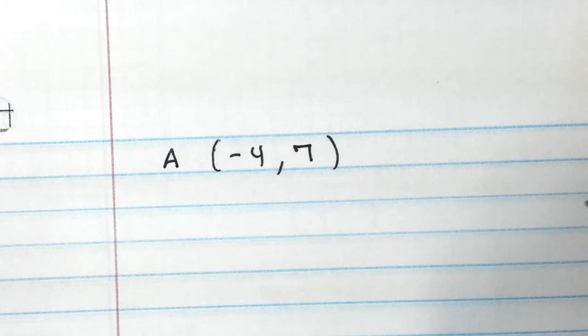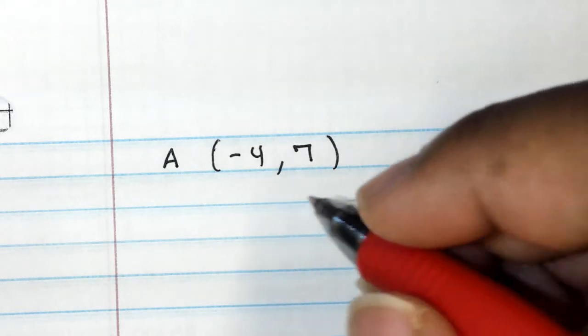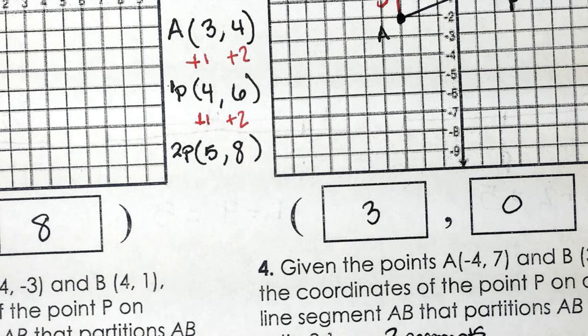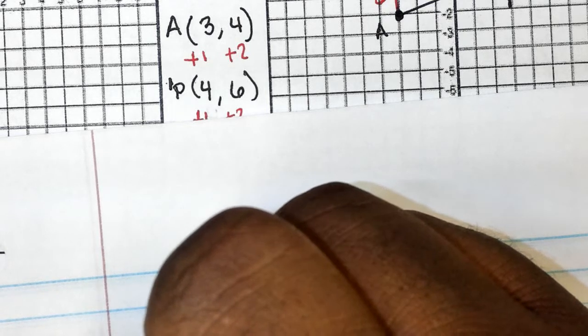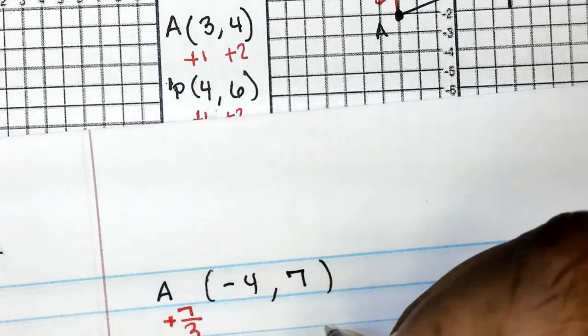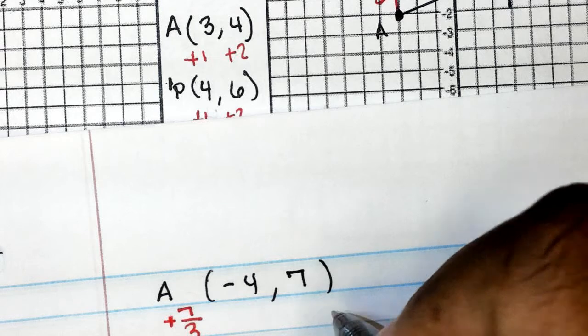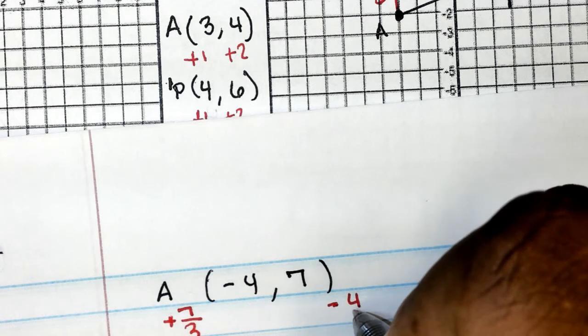And then we're still going to do what we said we were going to do, which was add our horizontal value to X and our vertical value to Y. Horizontal value was plus 7 over 3. And then vertical value was minus 4 over 3.